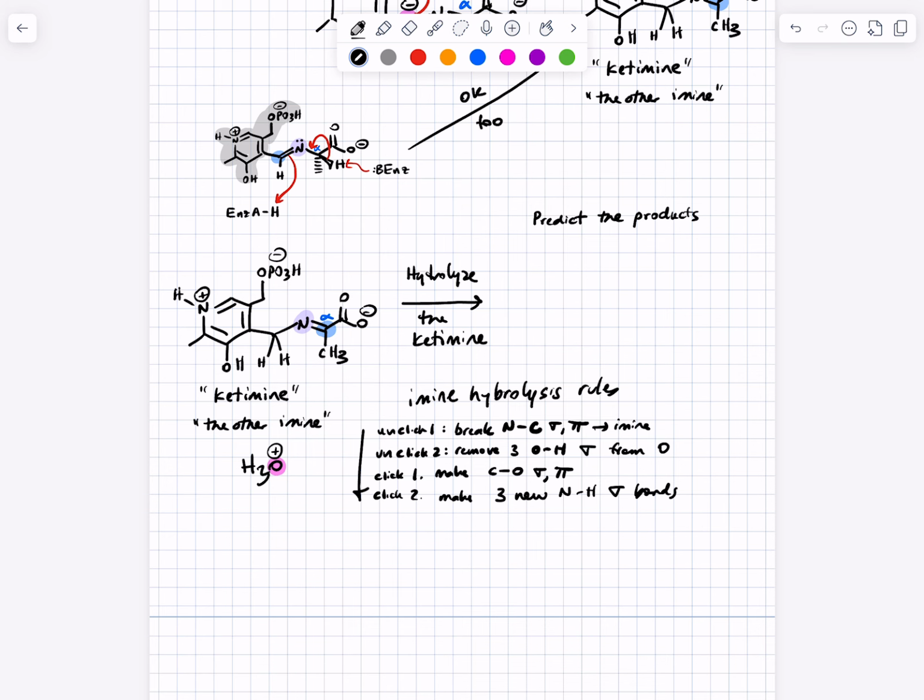No. This nitrogen, the oxygen... H3O plus, pull up all the hydrogens, put the oxygen in place of the nitrogen on the top, then put all the hydrogens on the nitrogen. Got it?